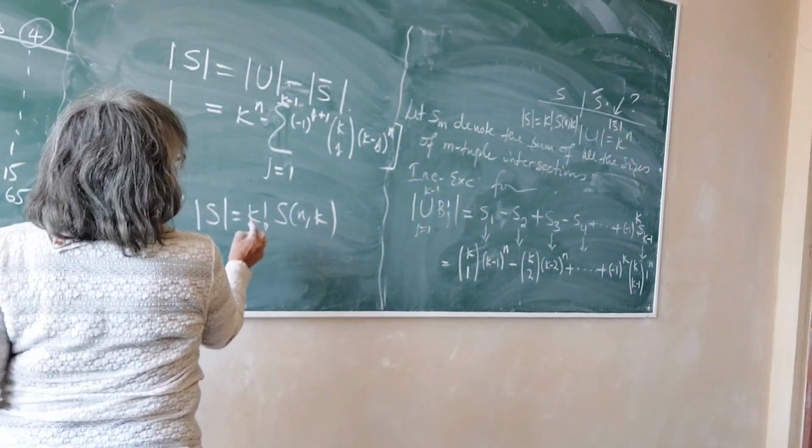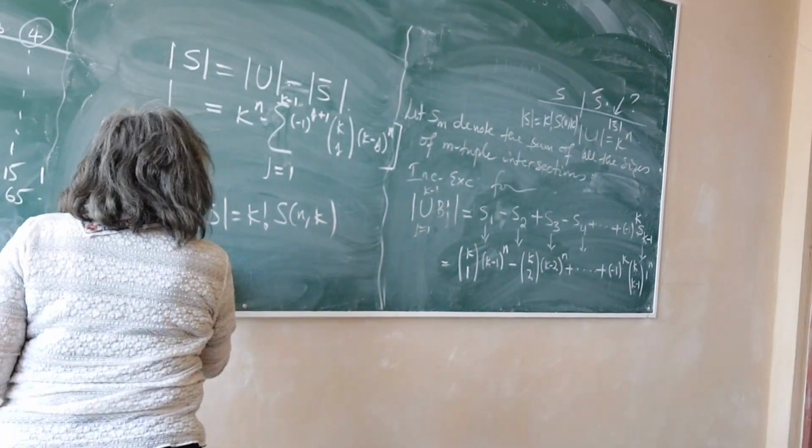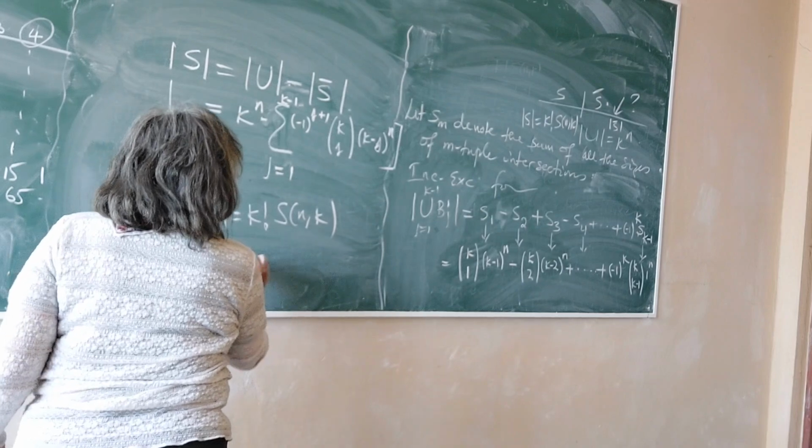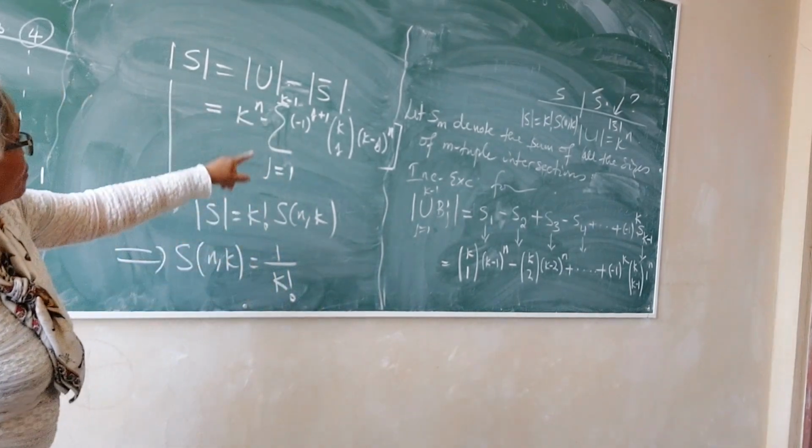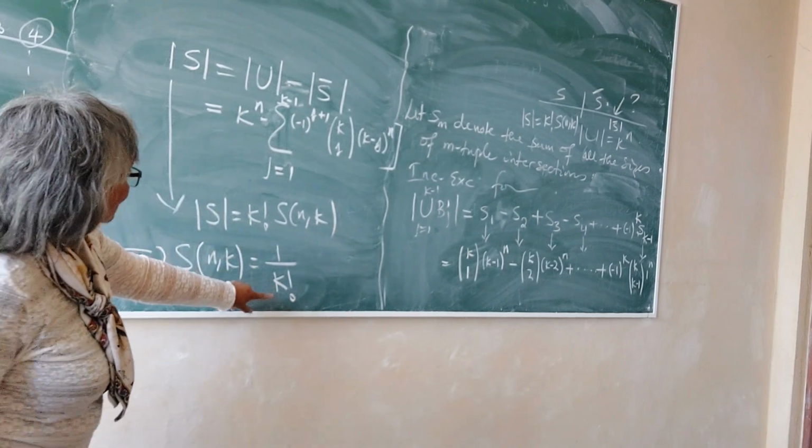Therefore, it follows that our Stirling numbers of the second kind can be obtained by multiplying that by 1 over k factorial.